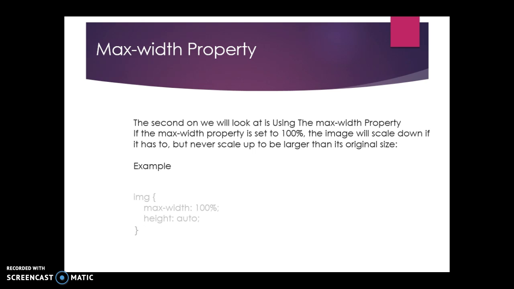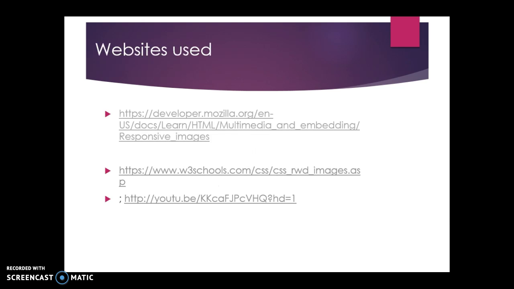Example of this is the IMG max width is set to 100% and the height is auto. So the difference is one is just width and the other is max width. So let's take a look at the w3schools.com website.